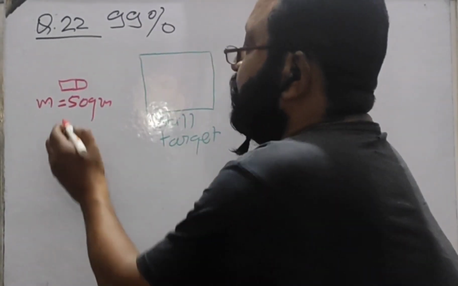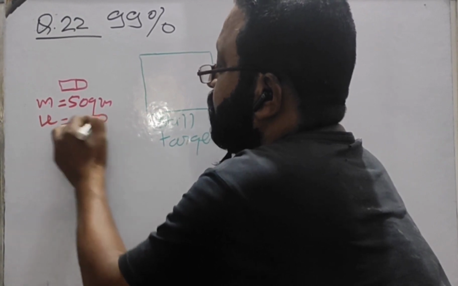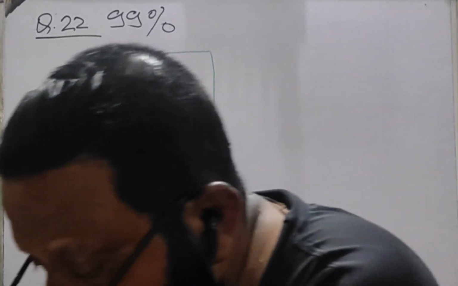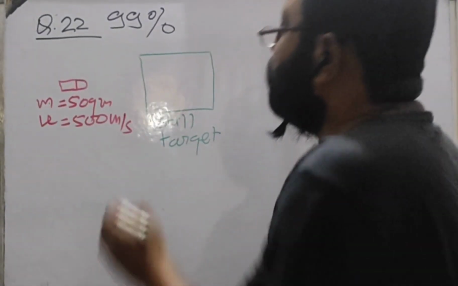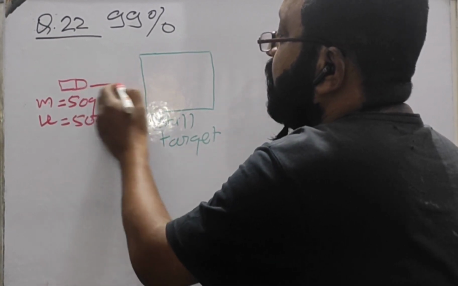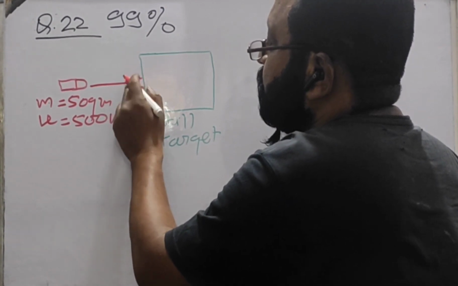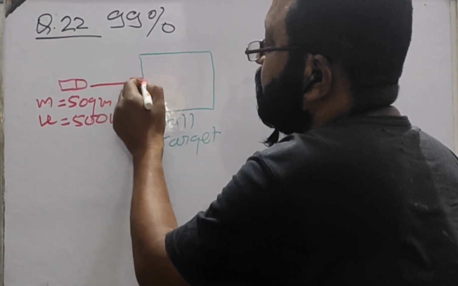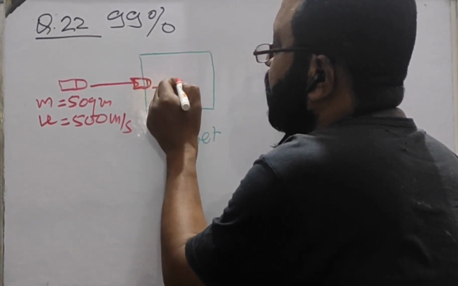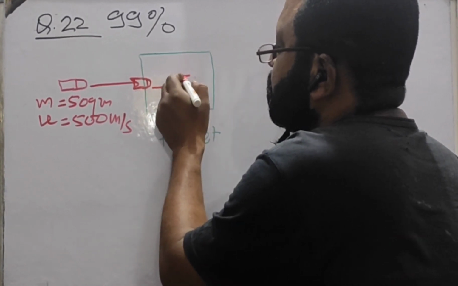And its velocity is 500 meter per second. So when you fire it and it reaches here, it penetrates, goes inside the target, and then it gets stopped.